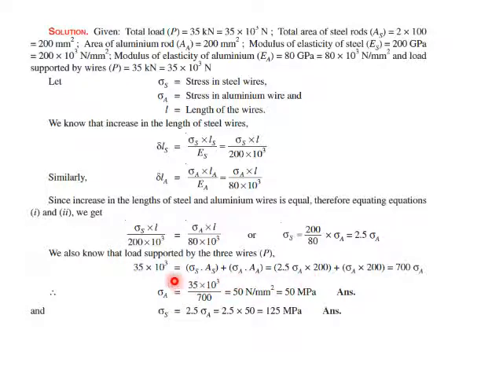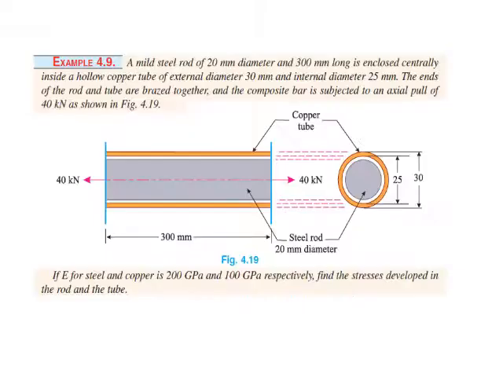Okay, so substitute, back substitute, and take out the sigma A outside. You will get it as 50 Newton per mm square or 50 megapascal. Similarly, sigma S, that is 2.5 sigma A, which we have taken as the condition here. So you will get it as 125 megapascal. Okay, so this was a second example from compound bars. Let's see another example from a compound bar.